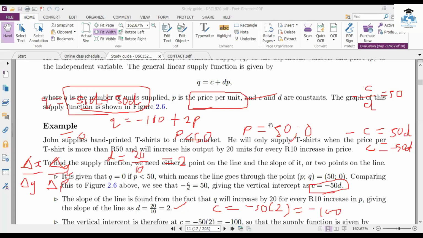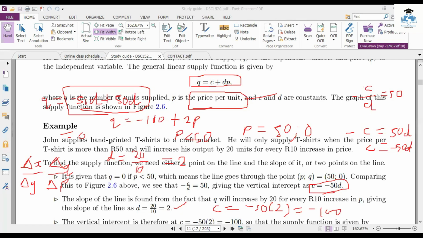P is the price. Here we are dealing with the supply function. The total cost, we are done with it for now. So at this instance, we are dealing with the demand and the supply. And we are to find the supply function, and yet we have got this equation for the supply. This is the equation that we are using.